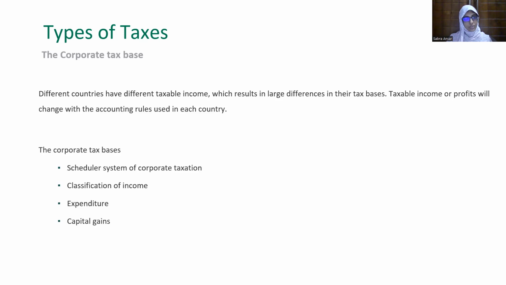So basically this would result in large differences, because when taxable income differs, obviously the tax base is different and how much tax each country gets will be different. That is understandable because if the same taxation method were used all over, globally, then obviously the taxable income would have some sort of similarity.